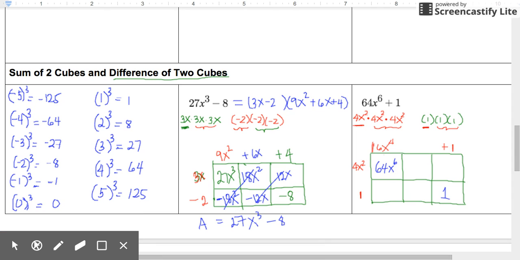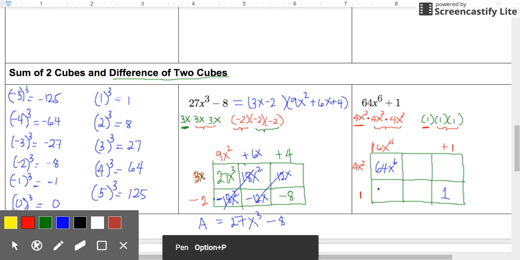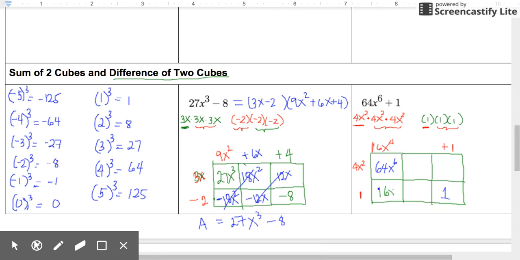So we multiply 16x to the fourth times 1, and we get 16x to the fourth. Now this term here should be the opposite of 16x to the fourth, so we put negative 16x to the fourth here. Then we can find the missing part of the length.